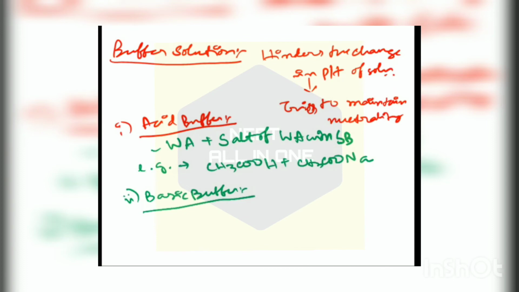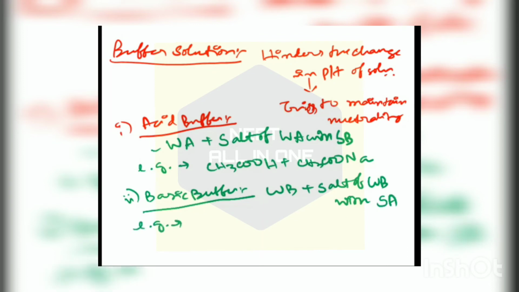Now the second case is our basic buffer, right? In case of a basic buffer, it is a solution of a weak base and a salt of that weak base with a strong acid. Now what will be its example?